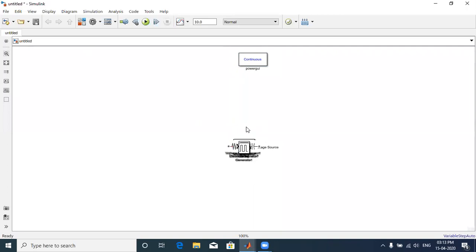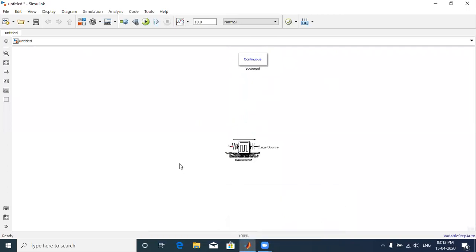Whatever the inputs which we are going to set for the setting purpose, this is needed. You can place it anywhere in our design. We don't have to connect it to any part of the circuit.